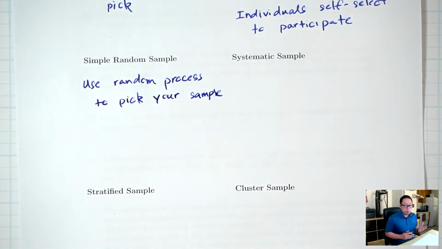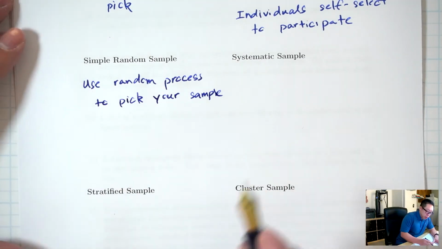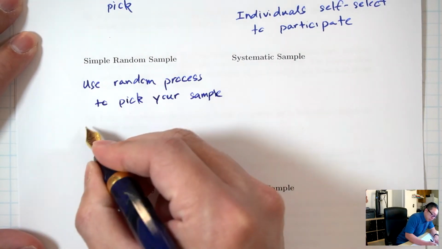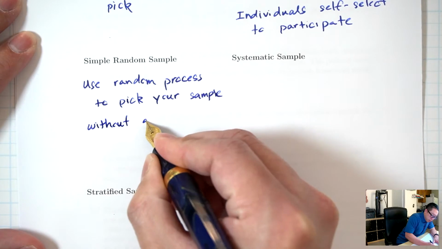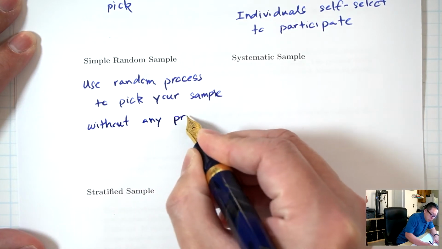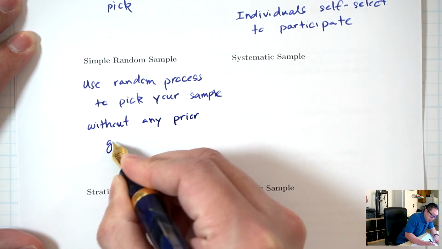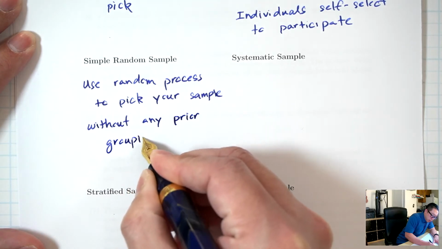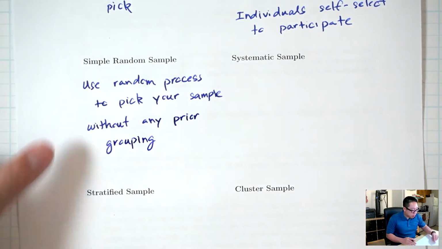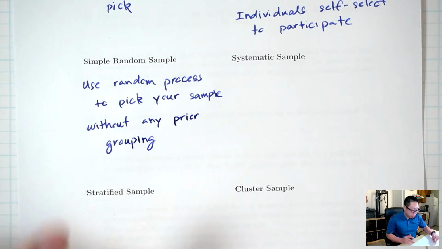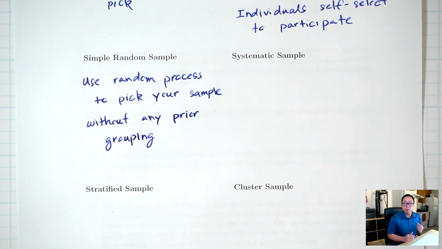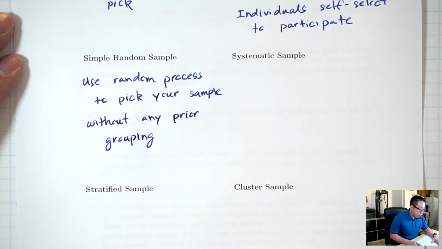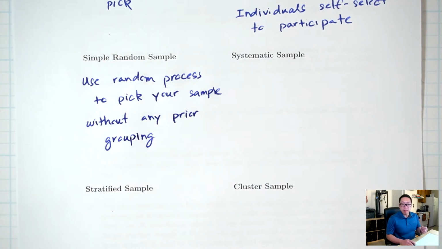The simple part is you're going to do this without any prior grouping. Now this part might not make sense right now, but it will when I talk about stratified and cluster, because these do involve prior grouping. So what's a simple random sample?